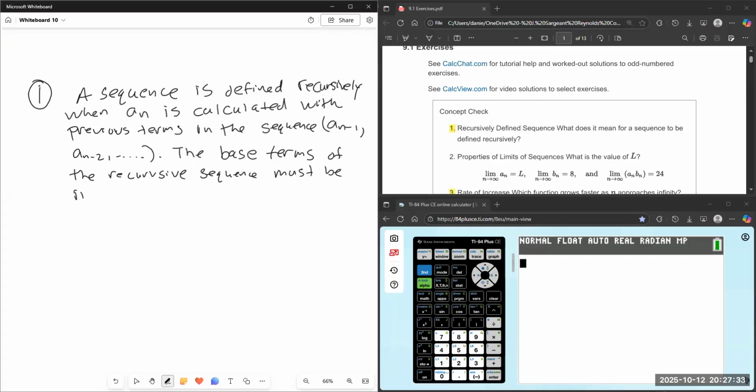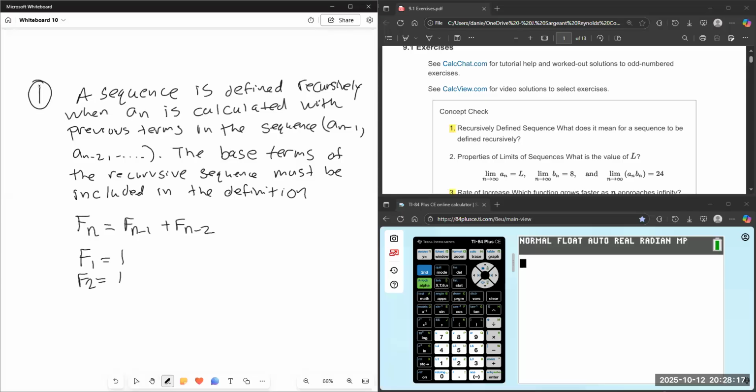So what do I mean by that? I have to have enough information to get started. Let's talk about a common recursive sequence here, the Fibonacci sequence, which says that any term in the Fibonacci sequence is the sum of the previous two terms in the Fibonacci sequence, but I have to tell you that the first two terms in the sequence are 1.